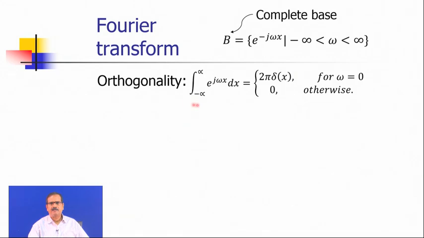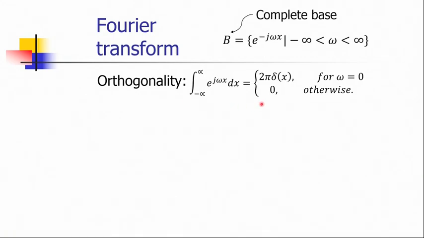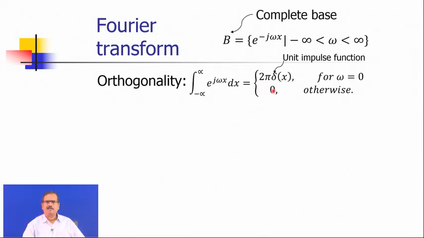The orthogonality property is reflected by these particular relationships, where delta x is a unit impulse function whose area is equal to 1 centered at omega equal to 0, and otherwise its value is 0 everywhere. This particular property gives you the orthogonal property of this Fourier transform base.